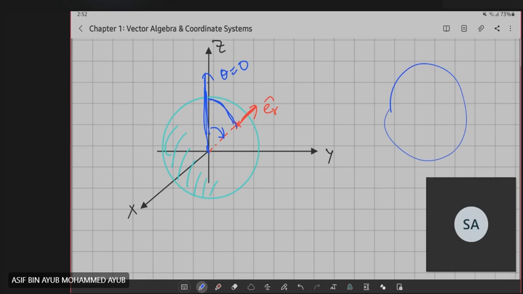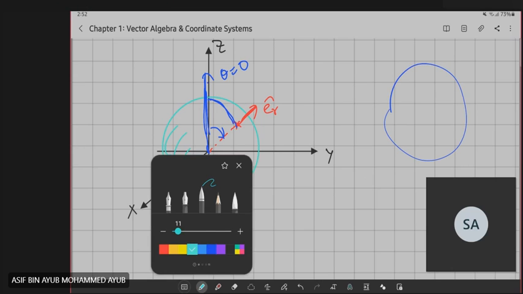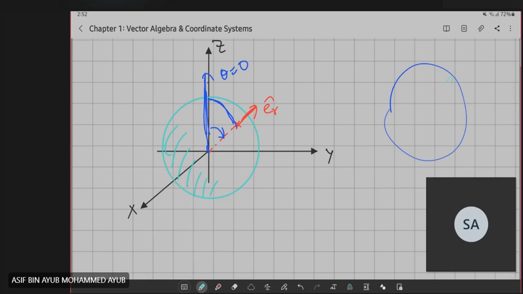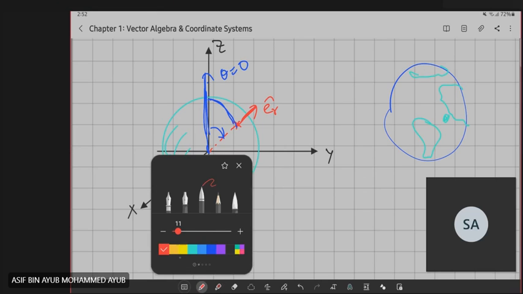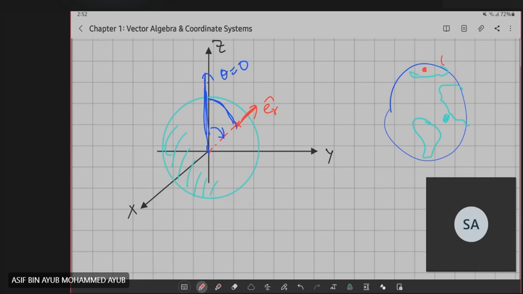This is the Earth. You have the North Pole here, you have Asia, Africa, Bahrain somewhere here. You're moving from the North Pole, which is theta equals 0, straight down somewhere here. This is what theta is.